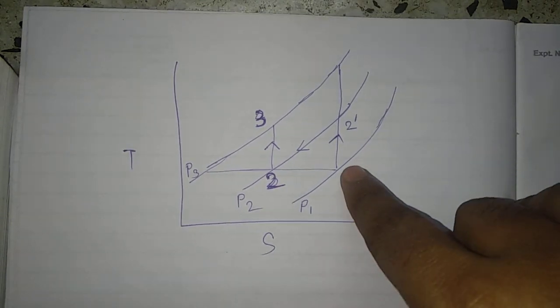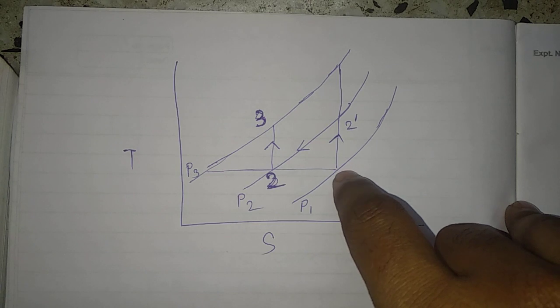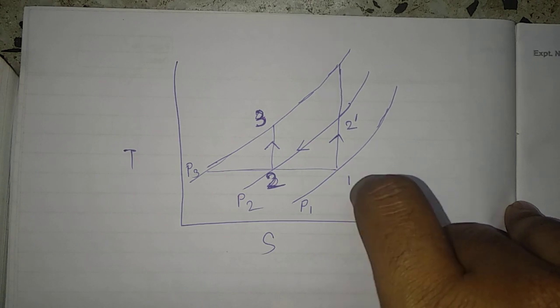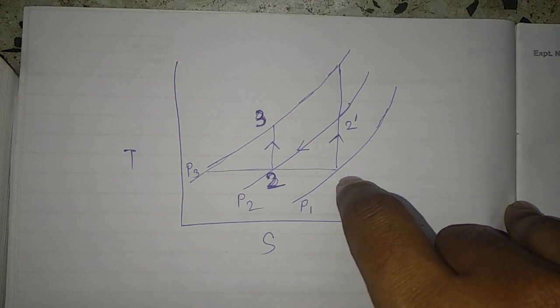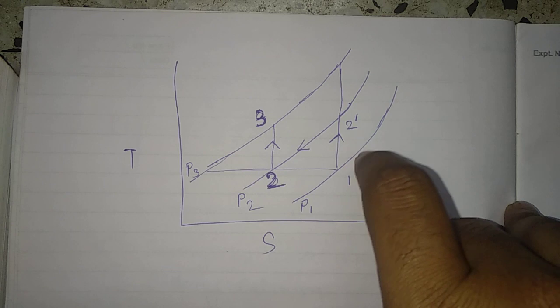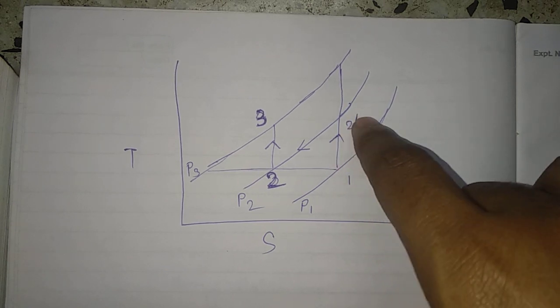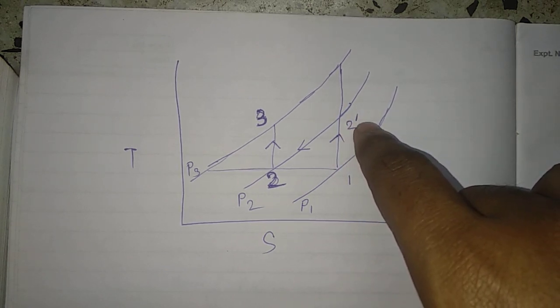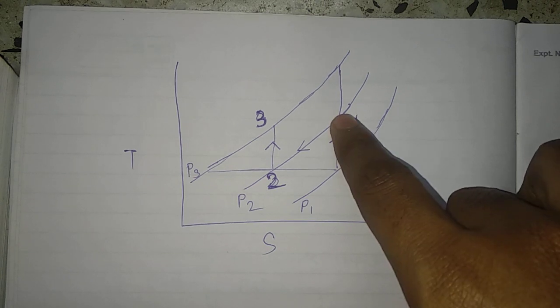As you know, the ideal compression process in your compressor is a reversible adiabatic process, or you can say an isentropic process. That process is indicated as 1 to 2 dash, in the low pressure cylinder.